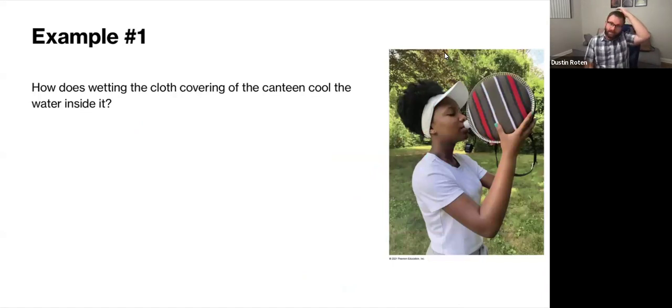Okay, well, let's take this idea of evaporation and apply it to an actual real world scenario. So we have this cloth on a metal canteen here. And the question is, how does wetting the cloth covering of the canteen cool the water inside?